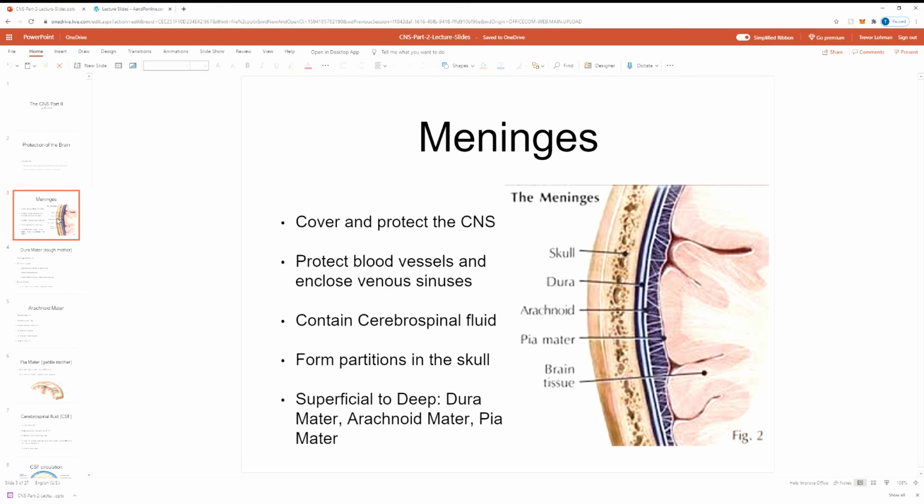So if we're going superficial to deep, meaning if we were to insert a needle into the skull or into the vertebral canal, we would puncture them in order: Dura Mater first, Arachnoid Mater second, Pia Mater third. Those are the three types of meninges.